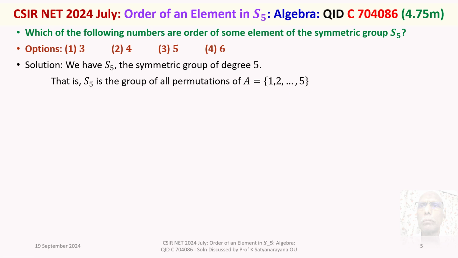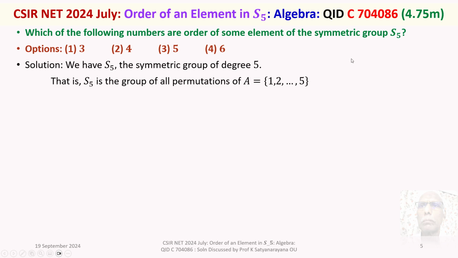And we have to find out the permutations of S5 with orders 3, 4, 5, 6.